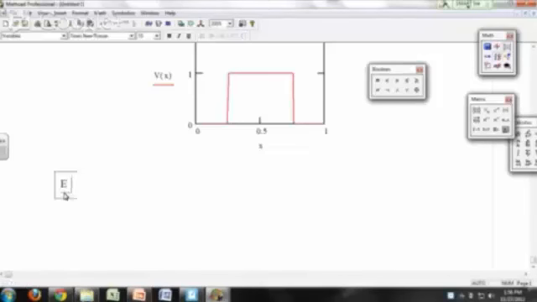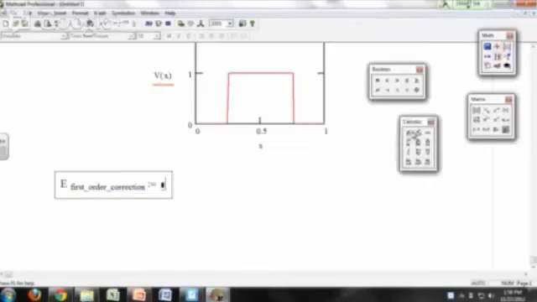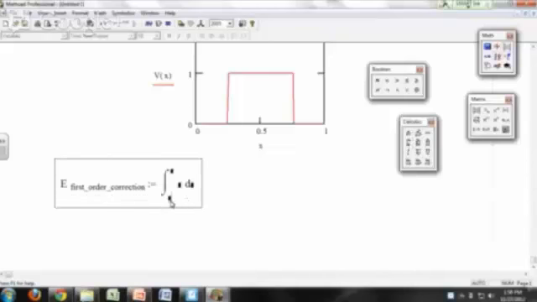The first order correction term would be equal to the integral from 0 to L. The nice thing about putting that Boolean expression is I don't have to separate my integral into 3 parts. I can put everything in just one integral, dx.